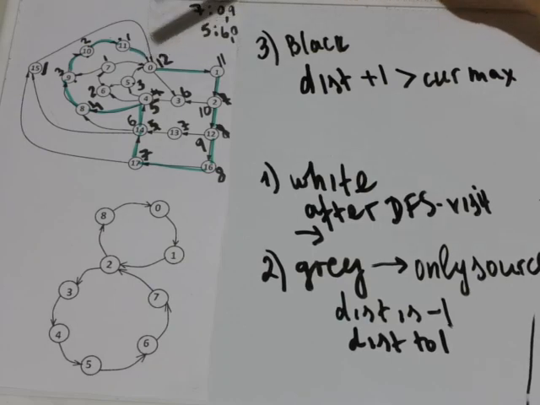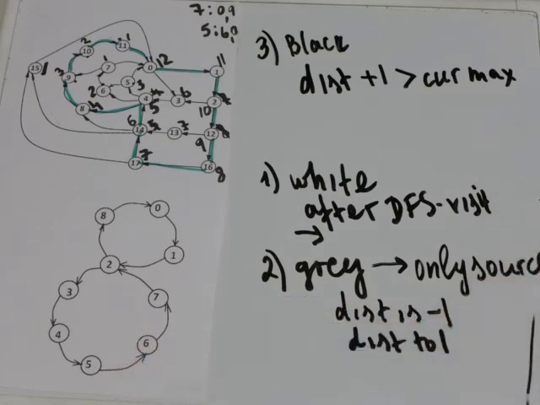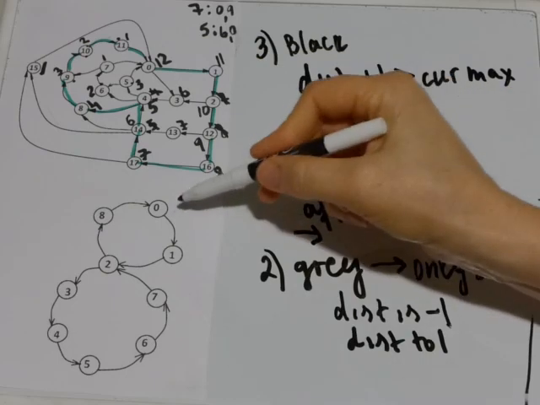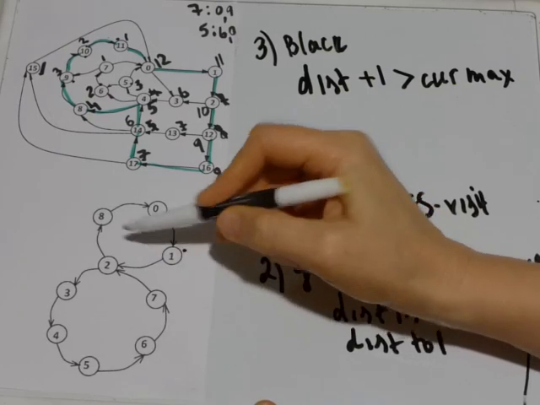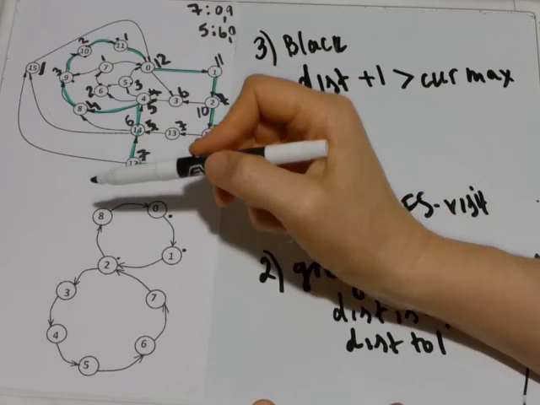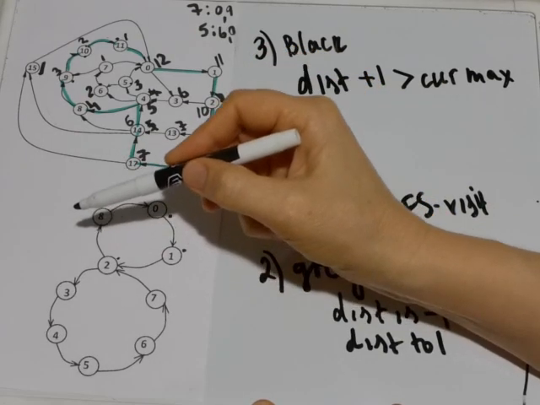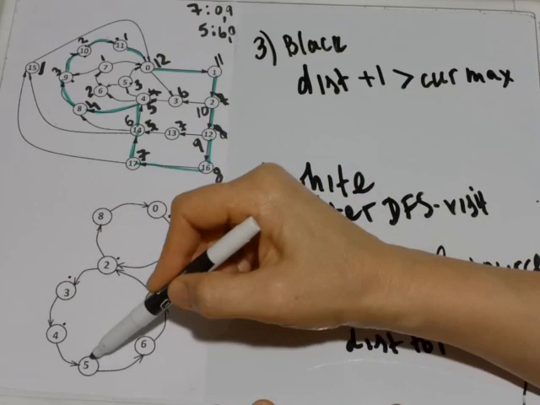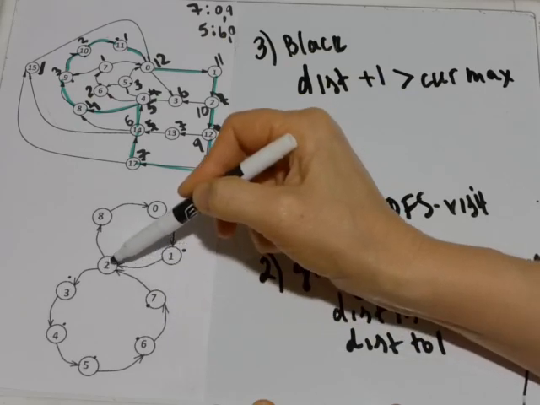We can find it, but let's consider another case, which is the case of this graph. If we choose to run our algorithm on 0, we go to 1, go to 2, go to 3, go to 4, go to 5, go to 6, go to 7, and we encounter the gray node 2.